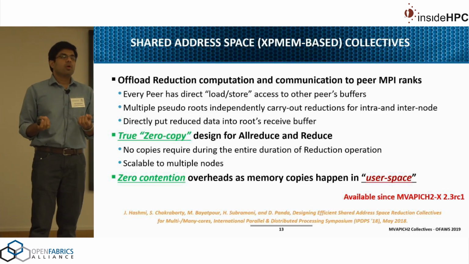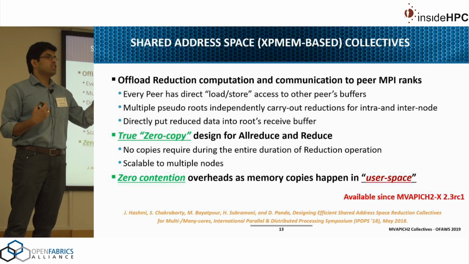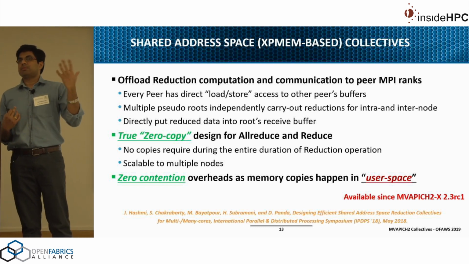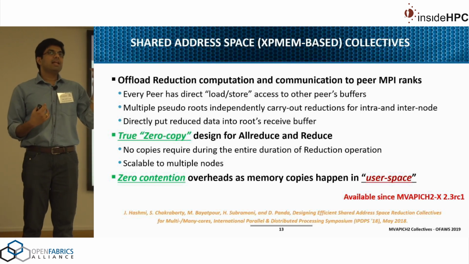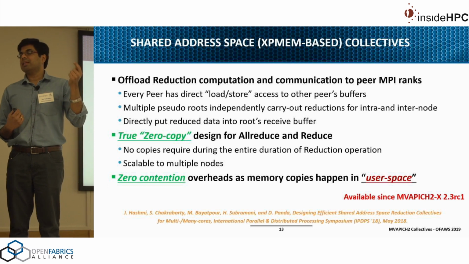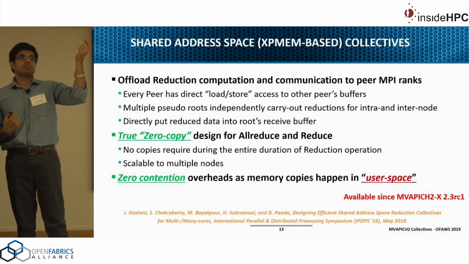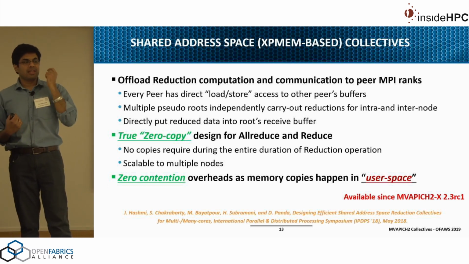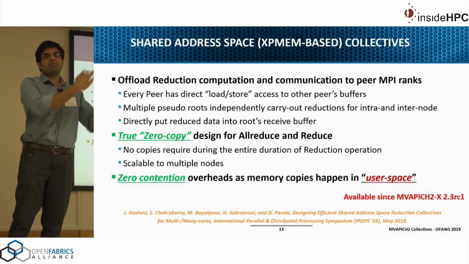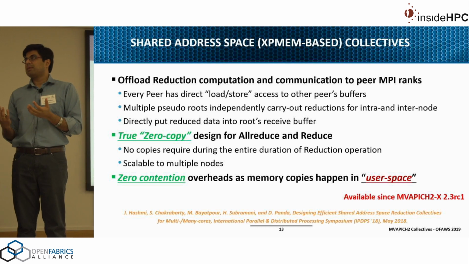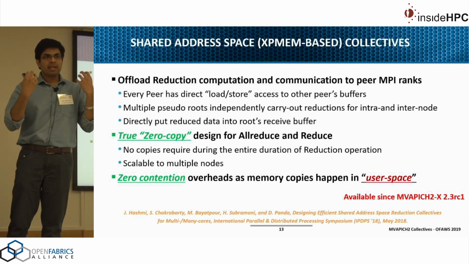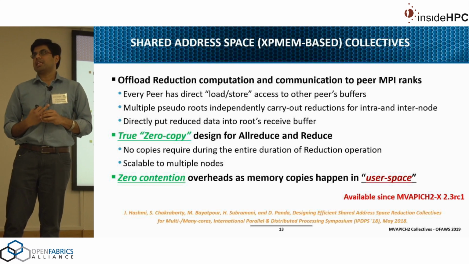So what we tried to do was, can you use this technology of XPMEM and perform reductions directly on the remote process buffer? The critical difference is that if you look at your CMA operations, there is still one copy that happens from your remote process buffer to your local buffer. That cannot be avoided because you don't have the ability to directly touch that process memory. But with XPMEM, you have this ability. Think of a reduction implemented using XPMEM.